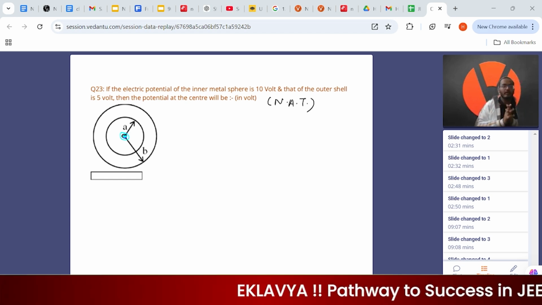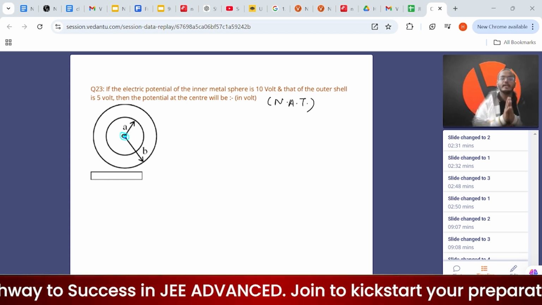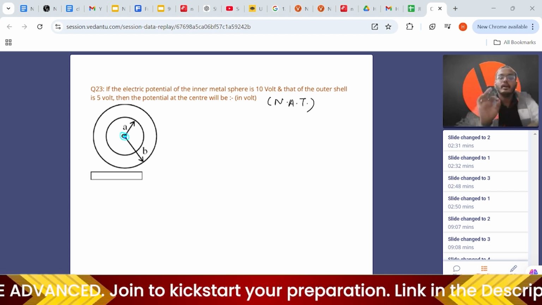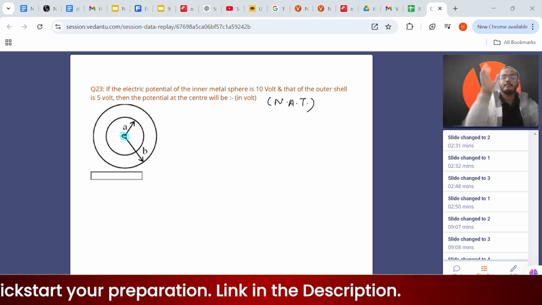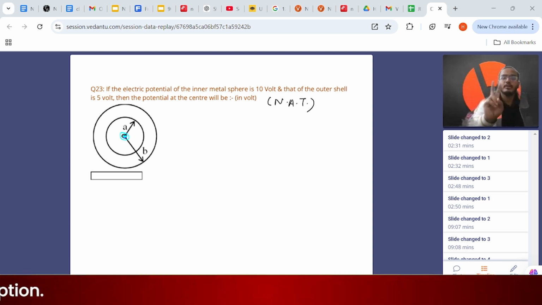Always remember that the voltage or the potential at the center is the same as for the inner metal surface. See, there are two surfaces here.